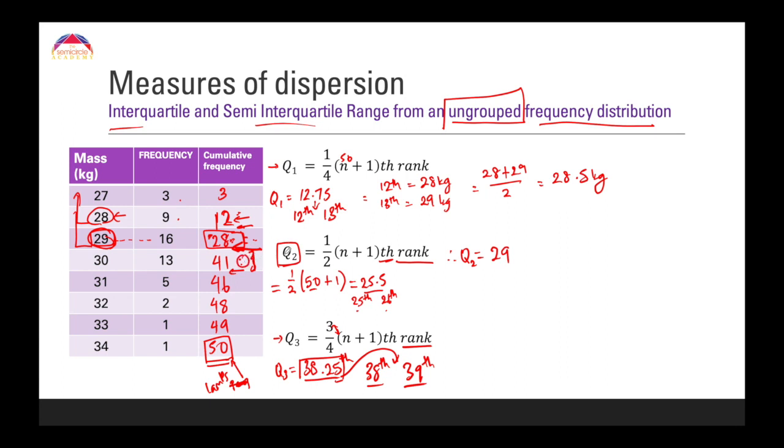So just like the Q2, we find that with Q3, the two lambs are inside of the same group. So we could just read this one reading here, 30. So Q3 is at the 30 kilogram mark.